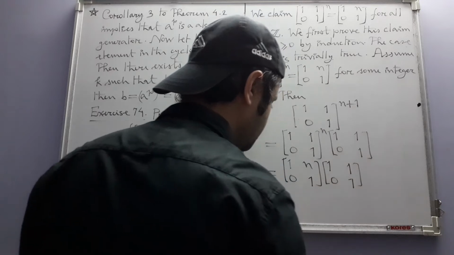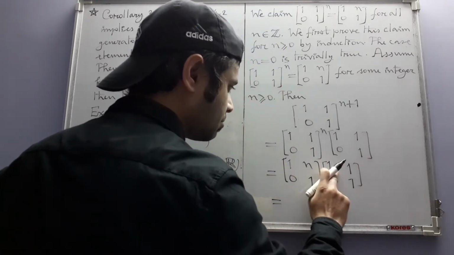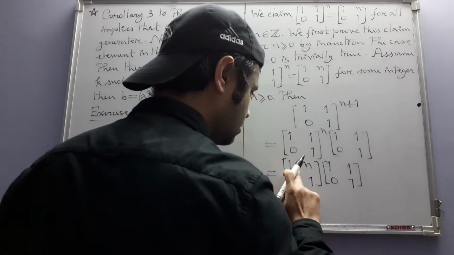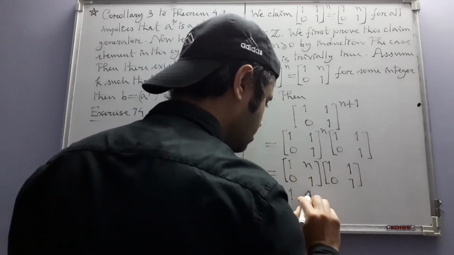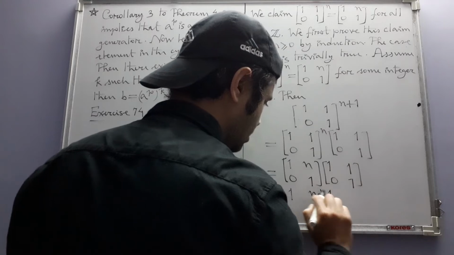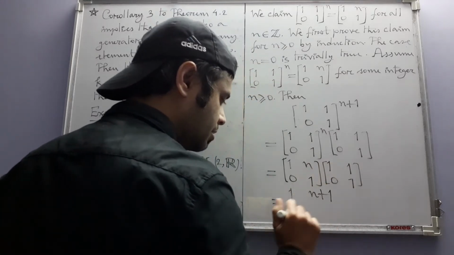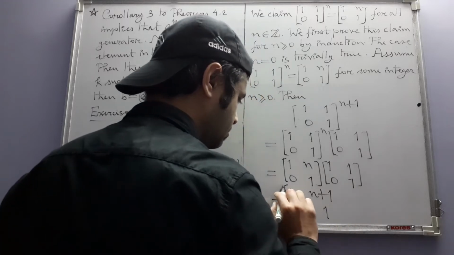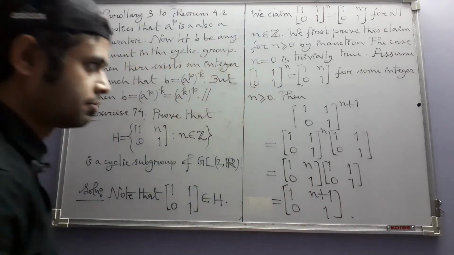We now perform the multiplication. 1 times 1 plus n times 0 is 1. 1 plus n, that is n plus 1. 0 plus 0 is 0, 0 plus 1 is 1. So that's it.